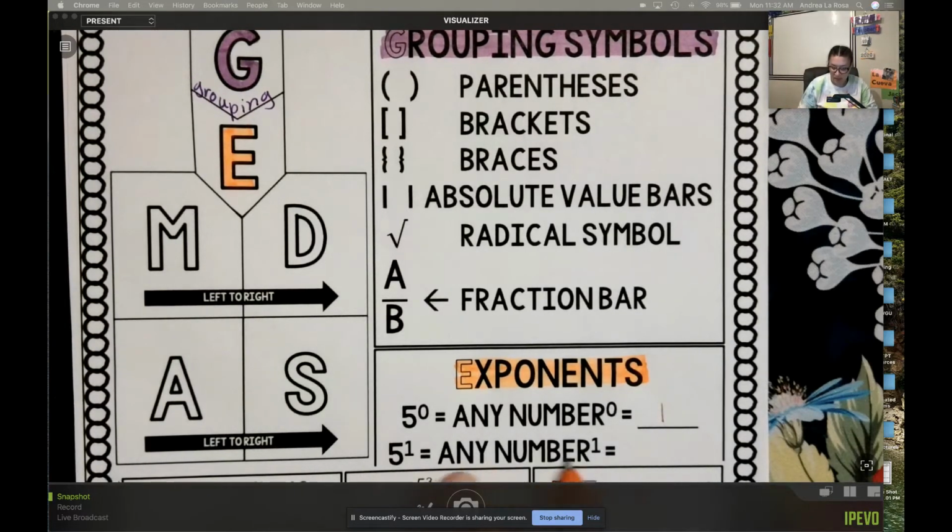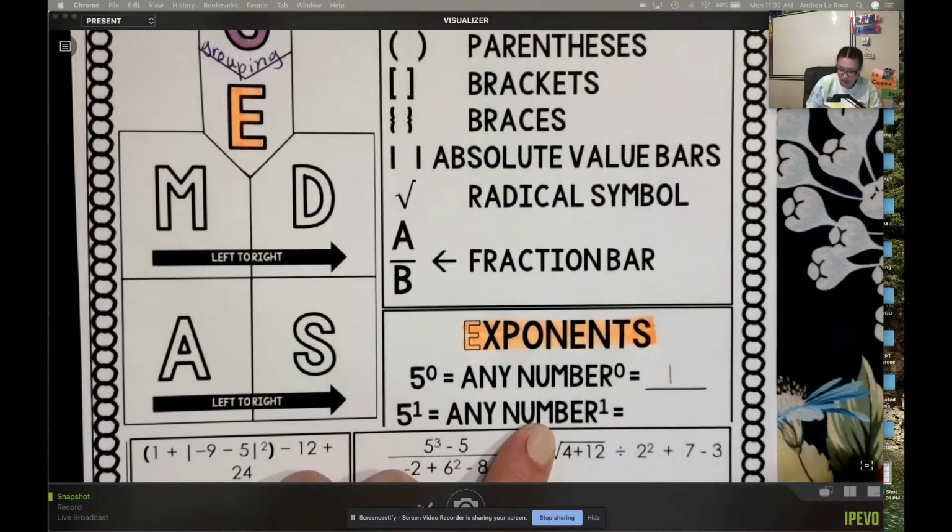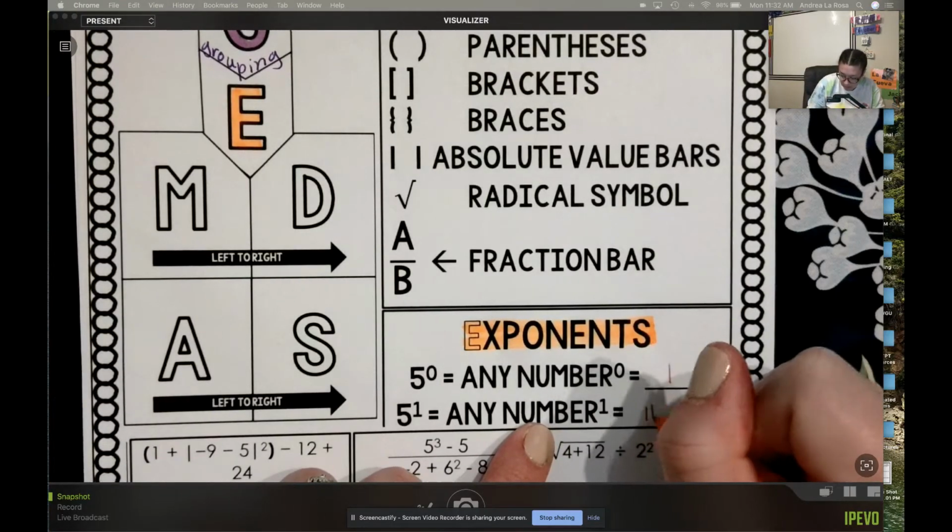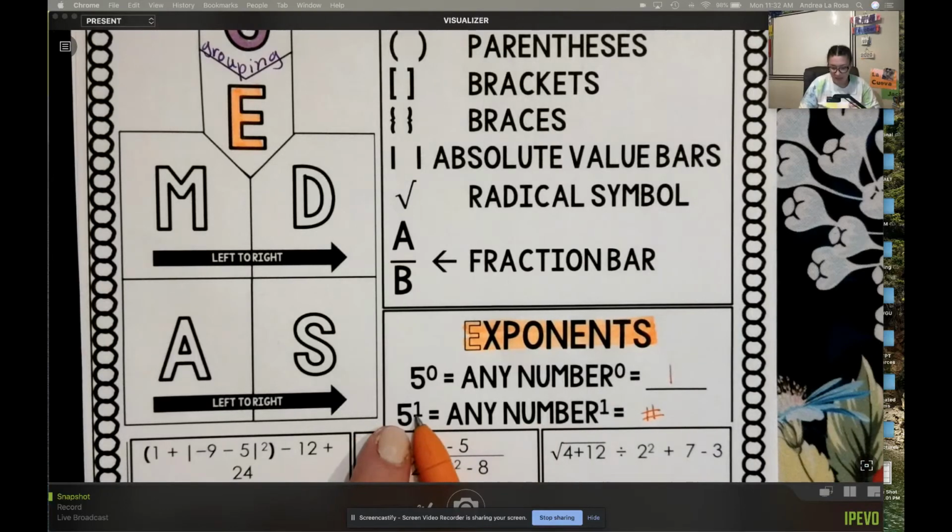If I have any number to the first power, the answer is going to be that number. So 5 to the first power would be 5. 7 to the first power would be 7. 3,000 to the first power would be 3,000.